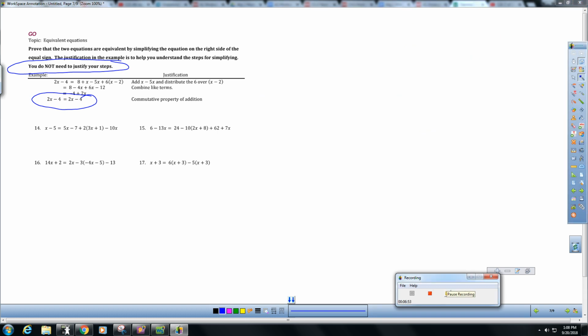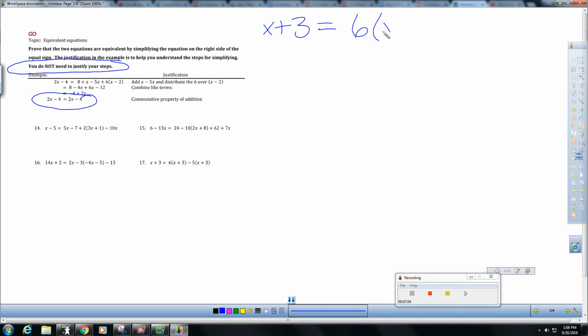And finally, number 17, prove that x plus 3 is equal to 6 times x plus 3 minus 5 times x plus 3. Oh, they're trying to trick us. Well, let me ask you this. Hey, Will, what's 6y minus 5y? Come on, Will, just tell me what it is.